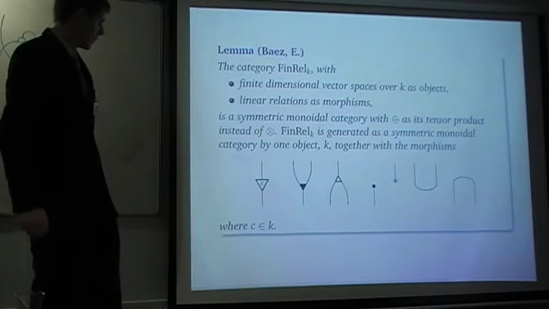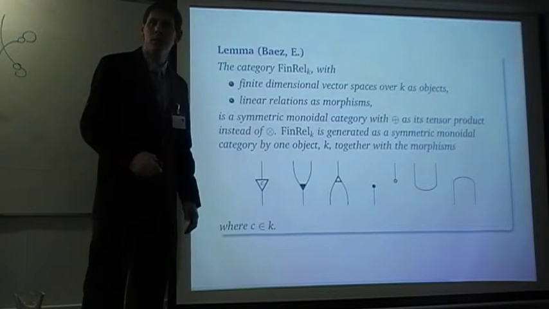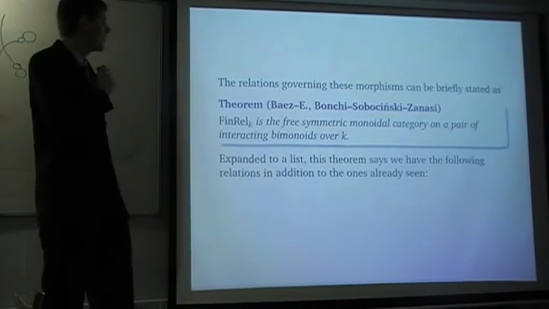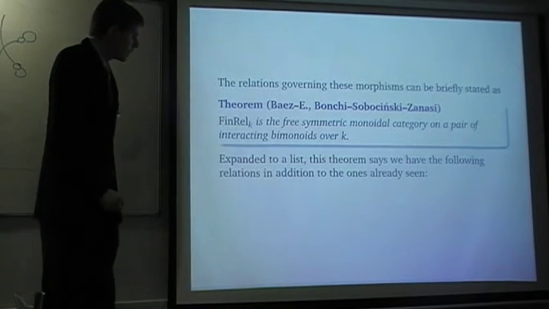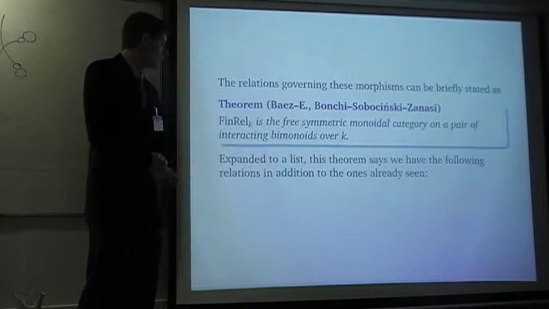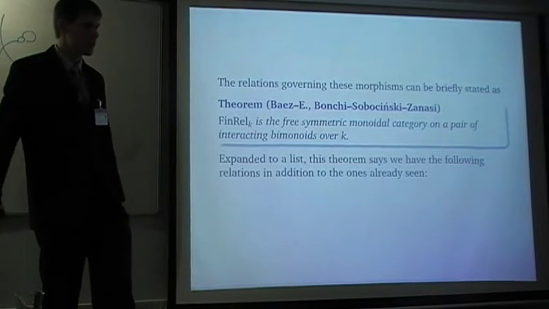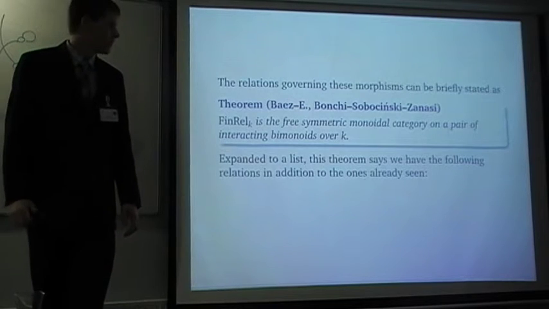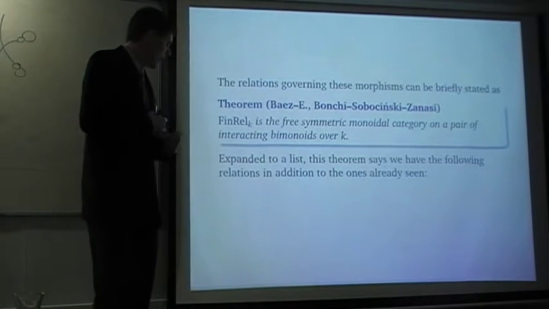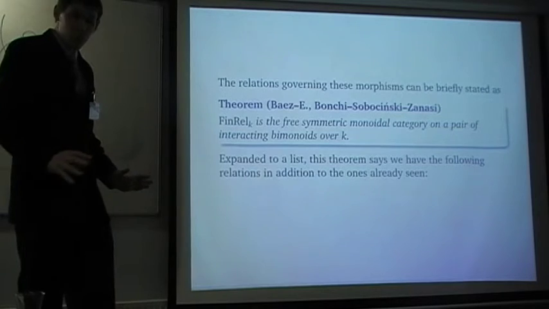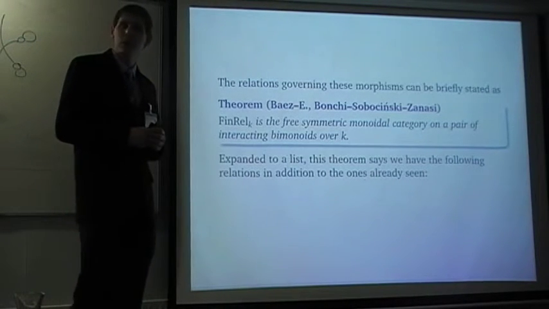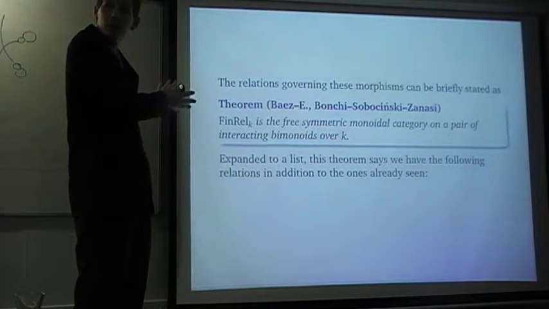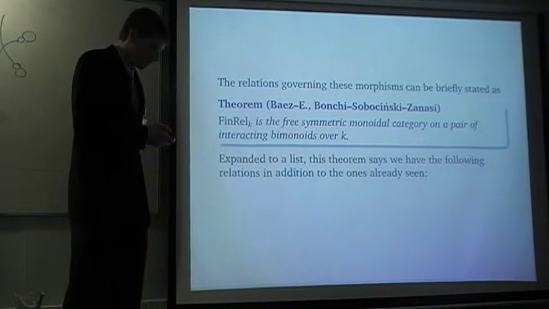Of course, we also need to say what the relations are, just like we talked about the relations for Finvect. So the relations that we get basically boil down to: Finrel is the free symmetric monoidal category on a pair of interacting bimonoids over the field K. And again, I'll expand this to a list of what those relations actually say. So we've got the 18 relations that we already saw, plus a few more.